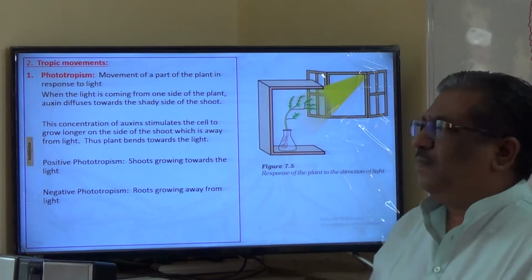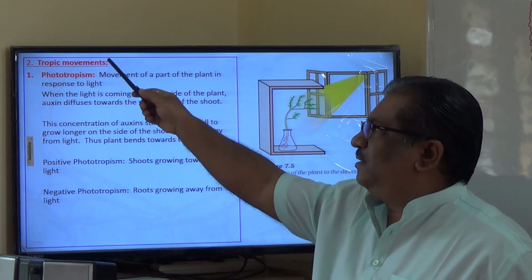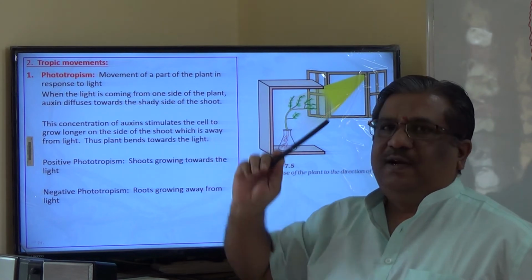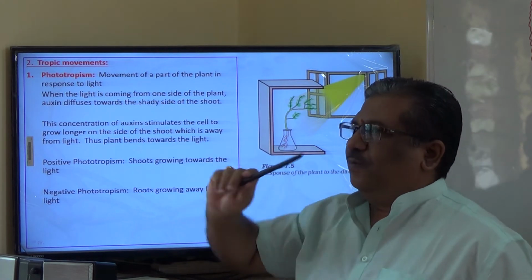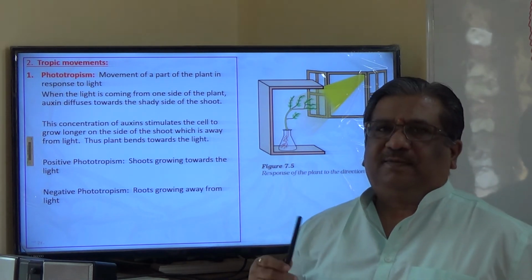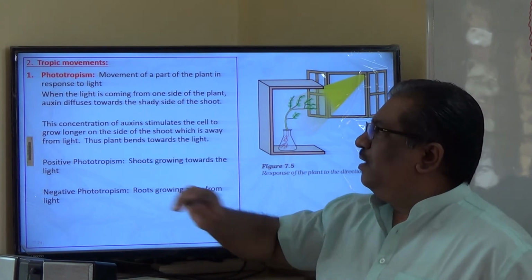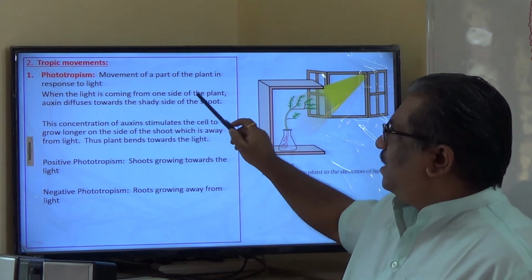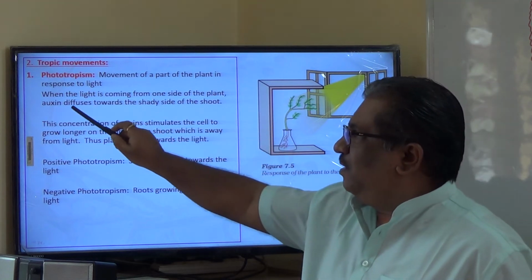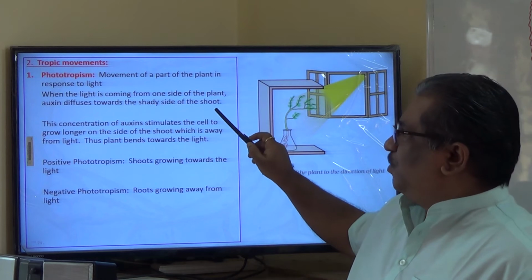Yes. Here we will see the first one under the title tropic movements. First one is phototropism. What is phototropism? Movement of a plant or part of the plant in response to the light is called phototropism. When the light is coming from one side of the plant, auxin diffuses towards the shady side of the shoot.